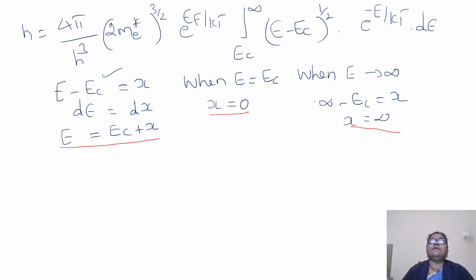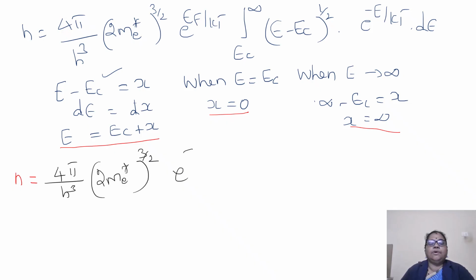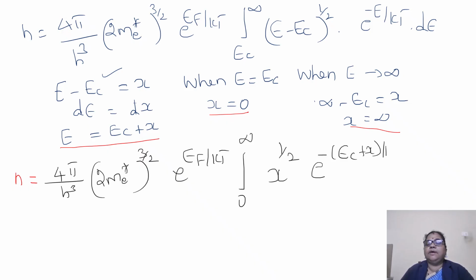So how can the integral be changed? n is equal to 4 pi by h cube, multiplied by (2m e star) to the power 3 by 2, multiplied by e to the power Ef by kT, and the limit has changed to 0 to infinity, (E minus Ec) as x to the power half, and e to the power minus (Ec plus x) by kT into dx.